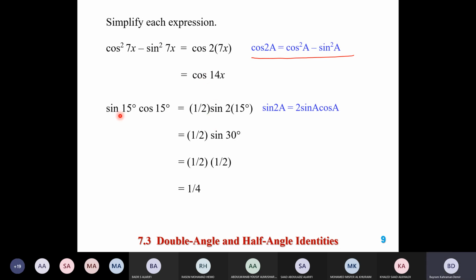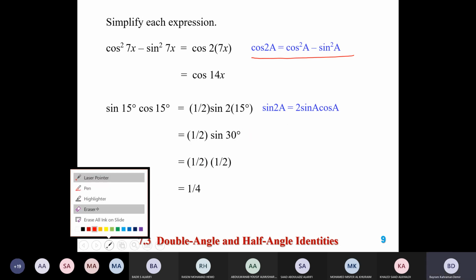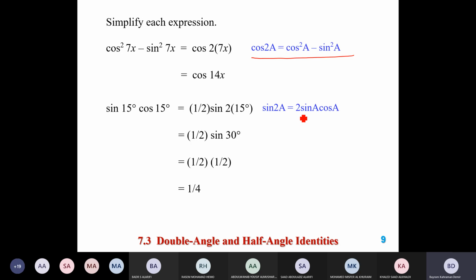Now, remember this question, Shabab. We solved it in the previous section also. Calculation of sine of 15, cosine of 15. So it is about the double angle formula of sine, right? And if you like to just divide both sides by 2, this 2 will cancel, right?